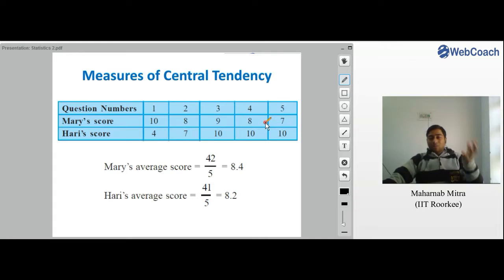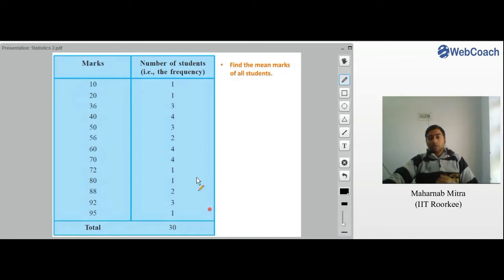Now here you can see we have a small number of observations with very few repetitions. Therefore we can individually add them up, and we can easily write the formula as the sum of all observations divided by the number of observations present.